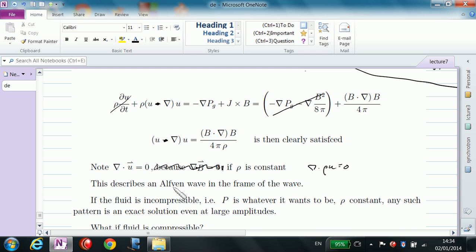In the frame of the wave, everything is constant, and everything is satisfied. MHD is satisfied, Newton's second law is satisfied, and everything is constant. So this describes an Alfvén wave in the frame of the wave. And usually when you see Alfvén waves described, it's in the frame of the observer, and it's more complicated.